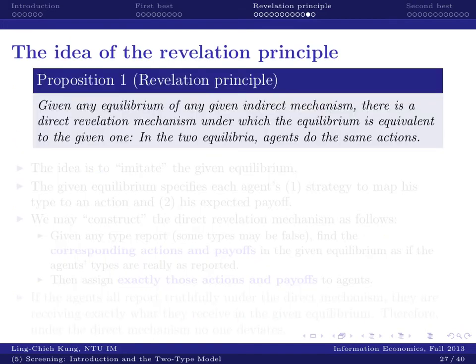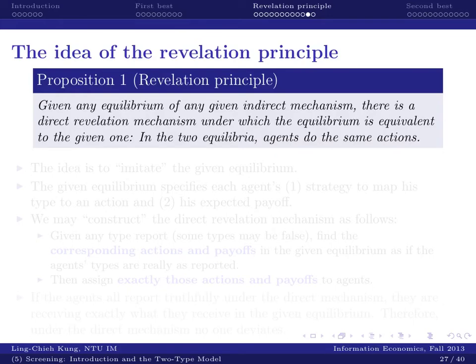The principle is saying the following. Given any equilibrium of any given indirect mechanism, there is always a direct revelation mechanism in which the equilibrium is equivalent to the given one. That just means the agents will do the same thing in these two equilibria.